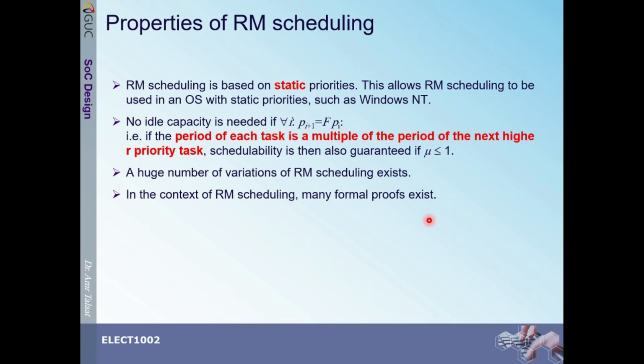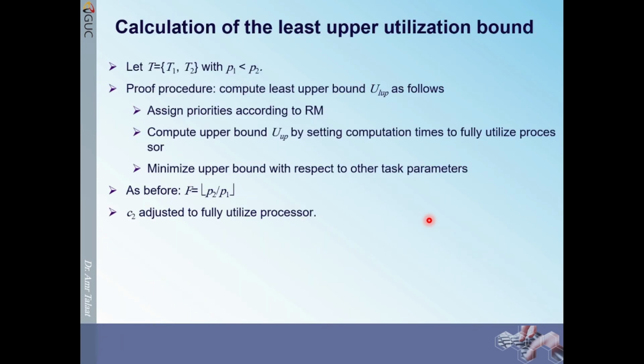So, as a rule of thumb, RM scheduling is based on static priorities. Tasks with a faster period always get better priority, and take care that we always have to respect this law.